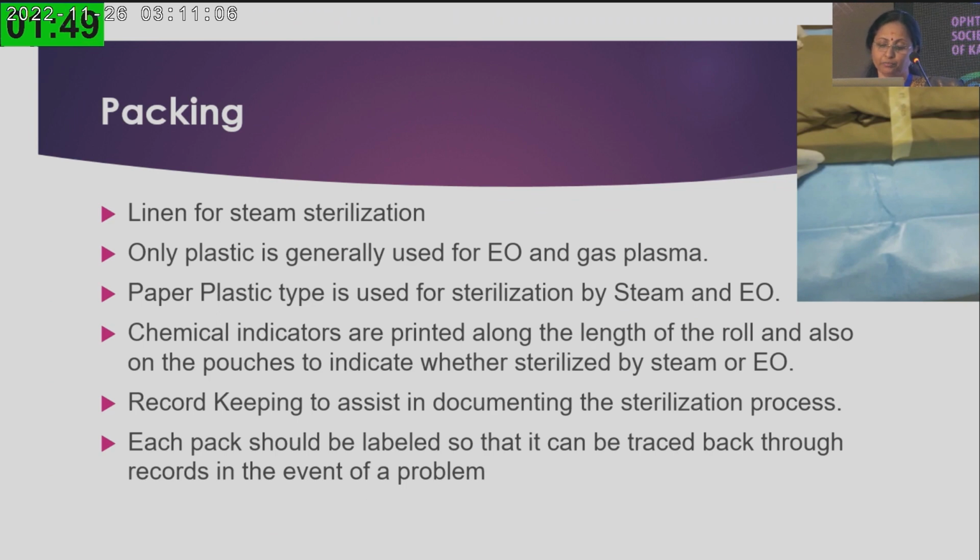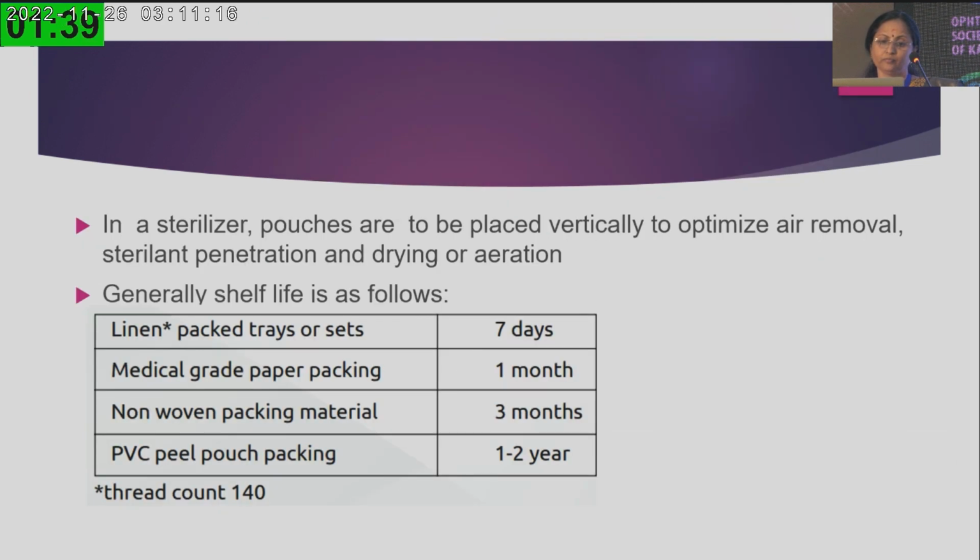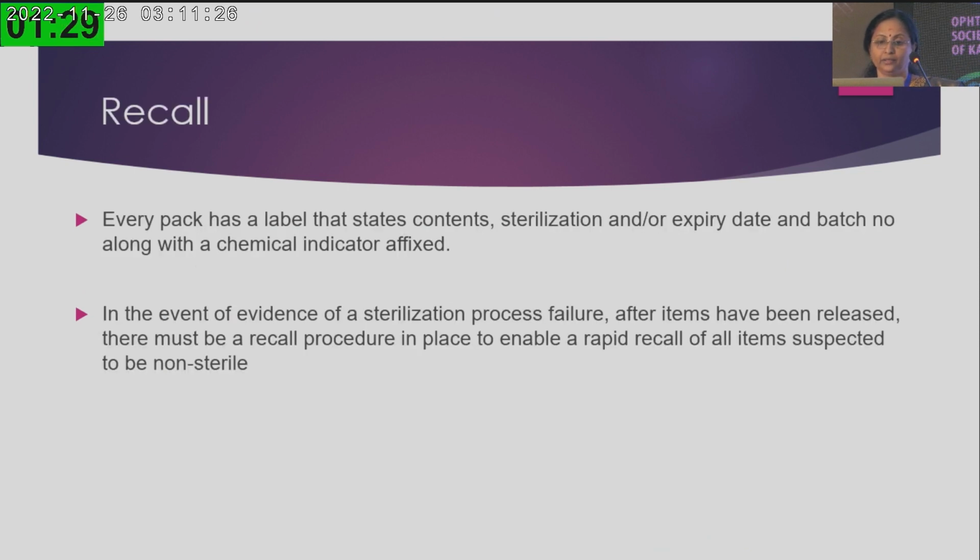And each pack should be strictly labeled with all the details so that they can be recalled in case of a problem. And these are the chemical and biological indicators which are used. And always the pouches are to be kept vertically to optimize air removal, steam penetration and drying or aeration. And recall is done in case of a problem, so the whole batch can be recalled from the label.